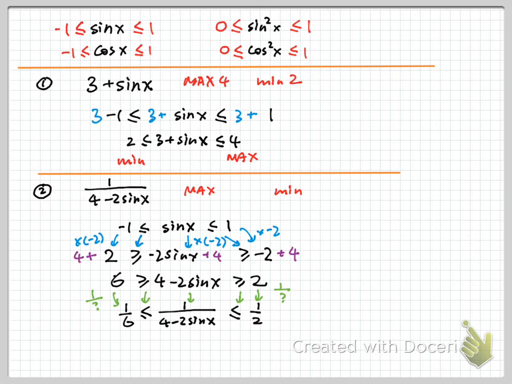We construct the expression 1 over 4 minus 2 sine x from sine x between 1 and minus 1. So the maximum is 1 over 2. The minimum is 1 over 6. This is part 1. We'll have 3 more examples in part 2.